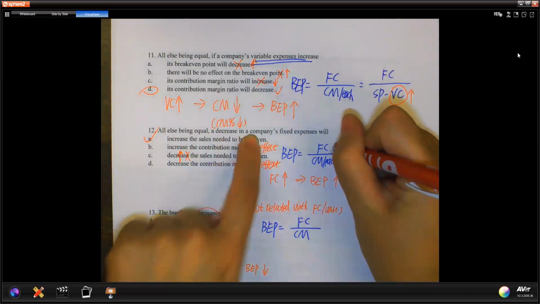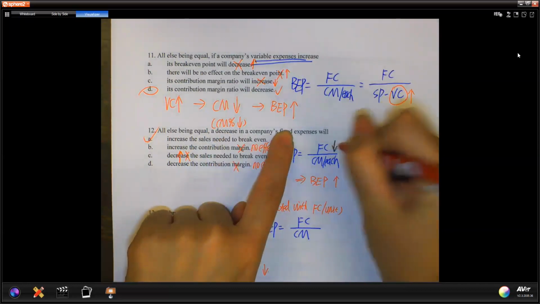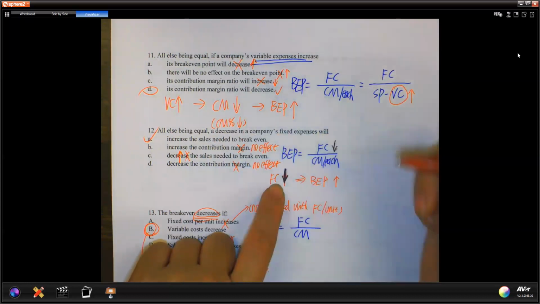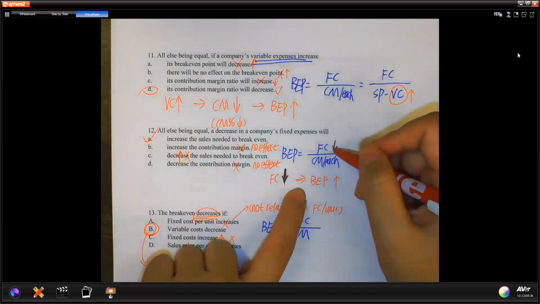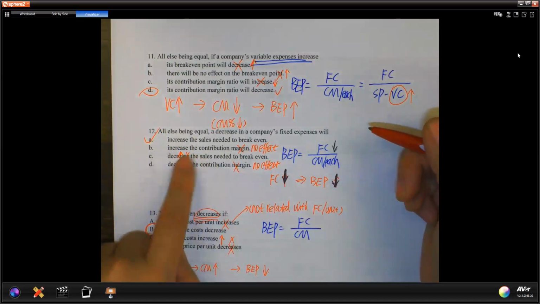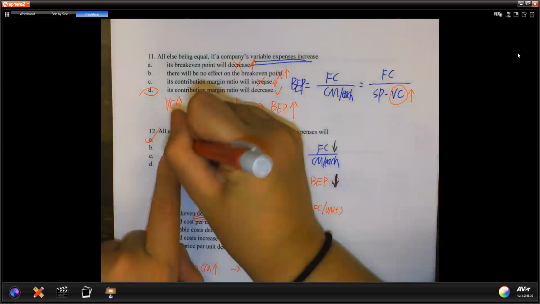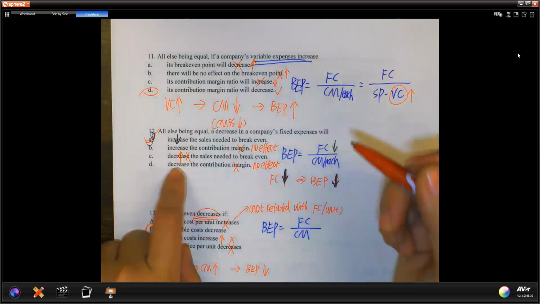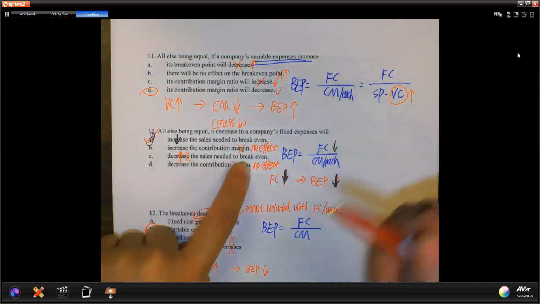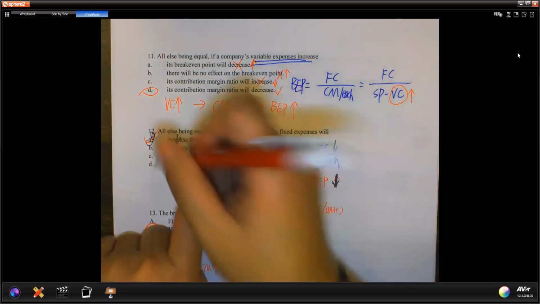Your fixed cost decreases, your numerator decreases, your break-even point will decrease, right? So you decrease the sales needed to break even.